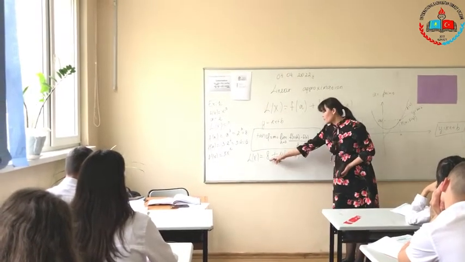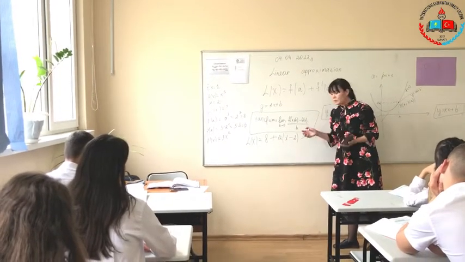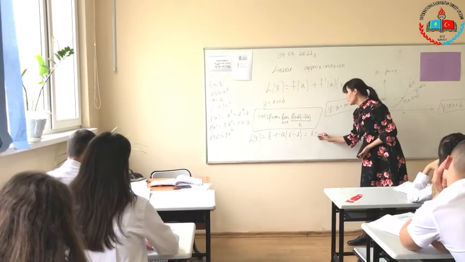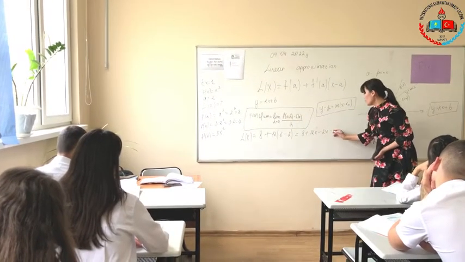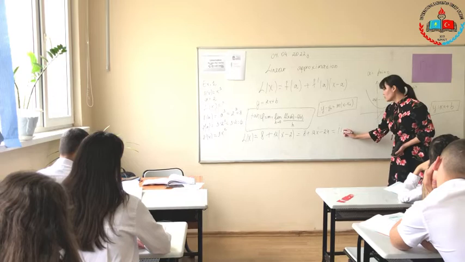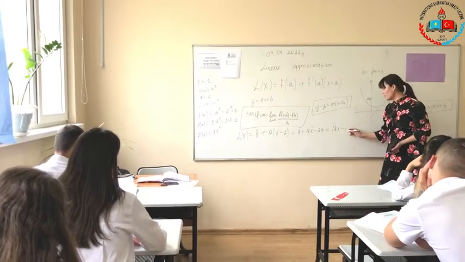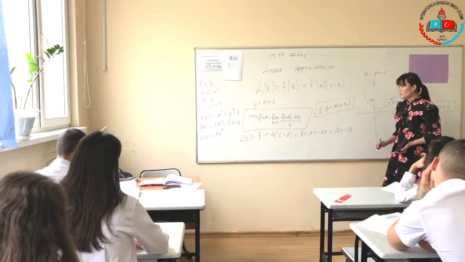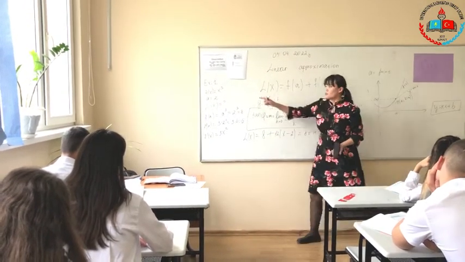And after this step, you should simplify. I mean, open the brackets. So 8, 12x minus 24, so it will be 12x minus 16, right? So that is the linear approximation of this function.